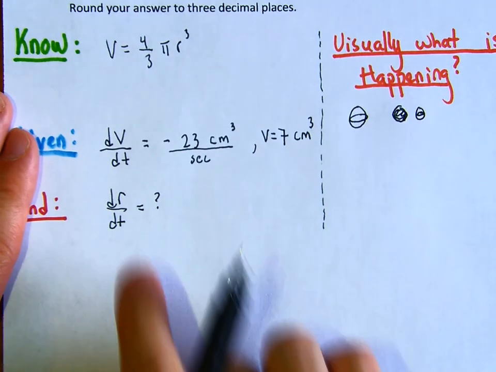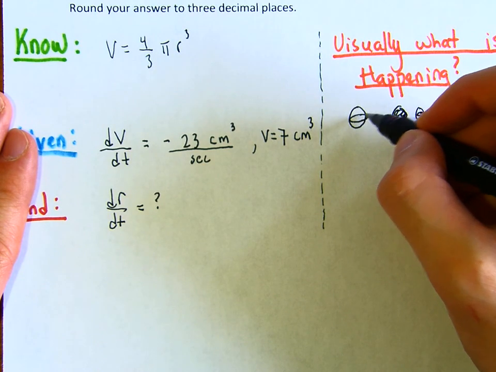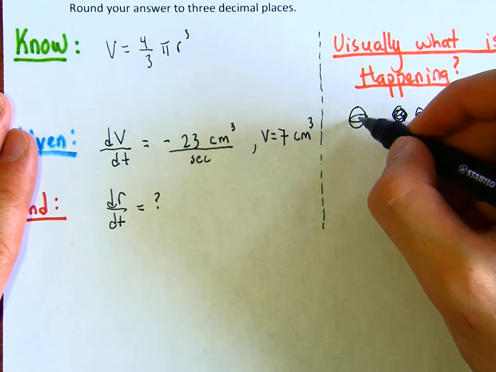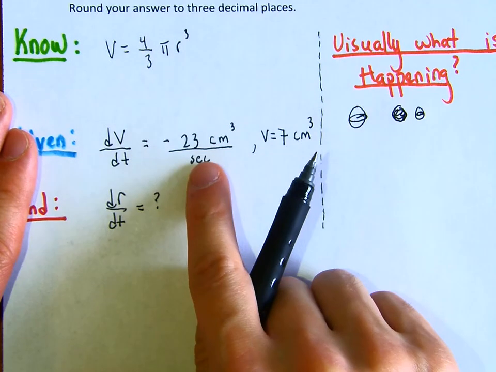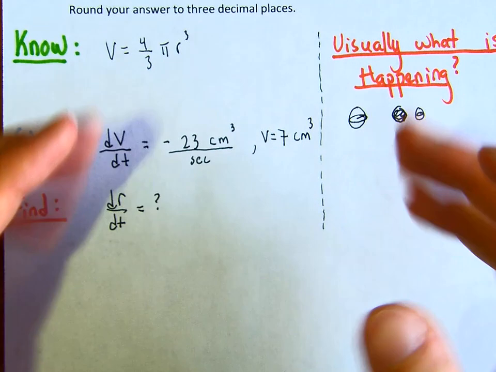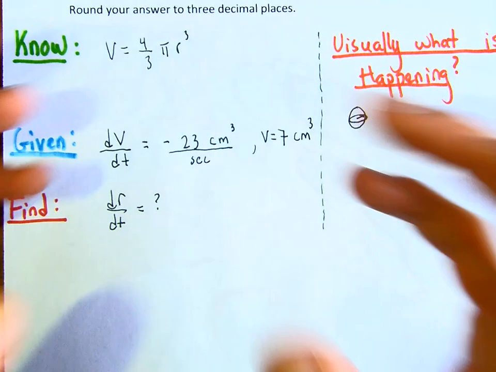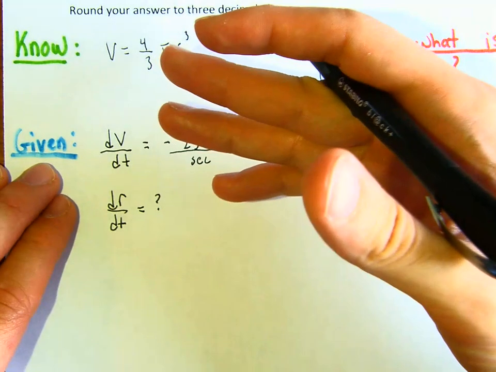So now, what is the question asking? It's asking what is the rate of change per second of the radius? How is the radius decreasing every second? You know that the volume is decreasing by 23 cubic centimeters every single second, but you don't know about the radius, and that's what you want to find out.